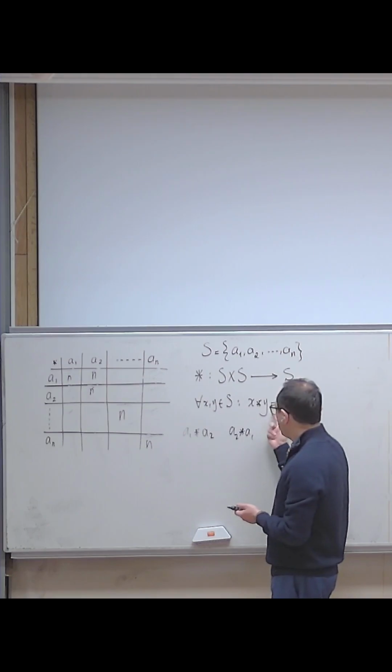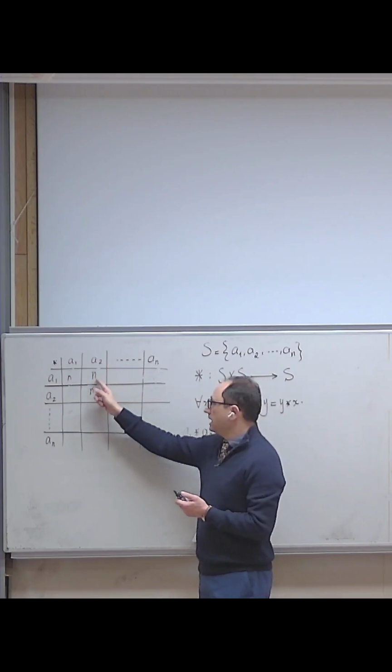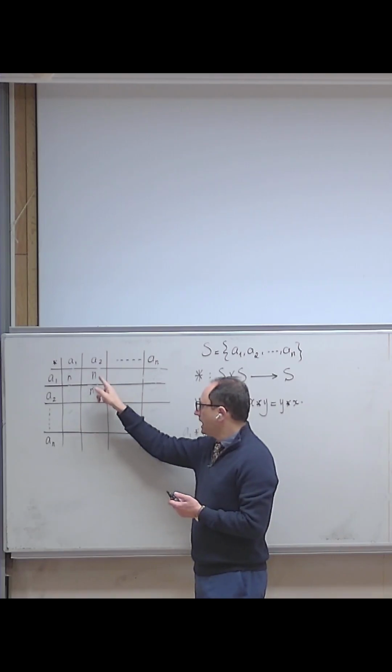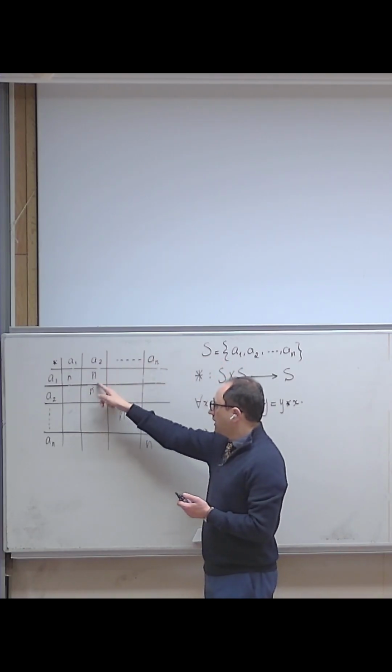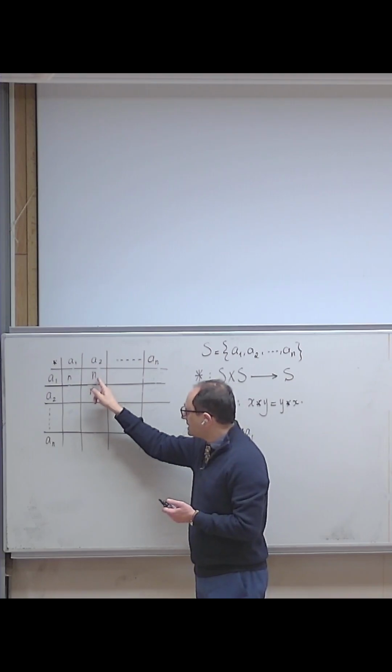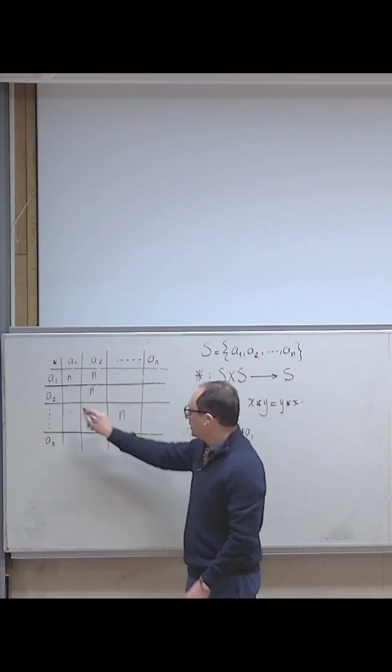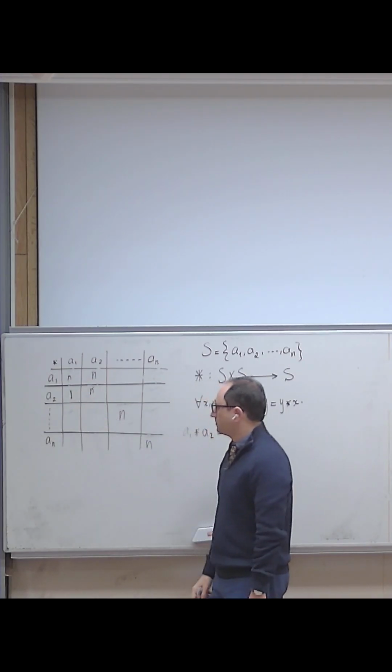But you want to respect this condition, so they have to be the same. So I still have n options for this square, but as soon as I put an element here, I have to choose the same element there. So this n option suddenly becomes one option.